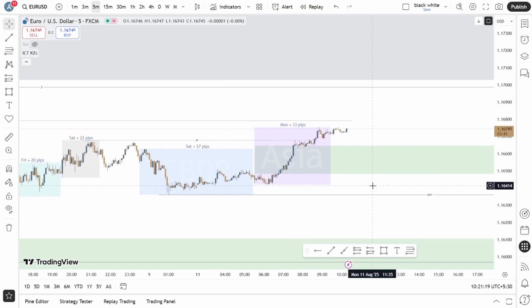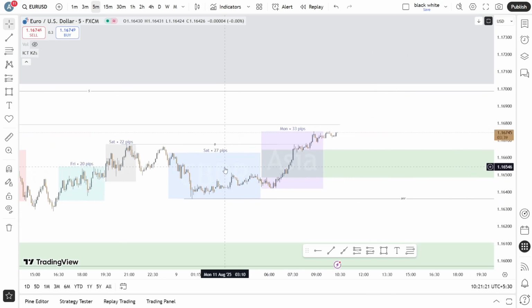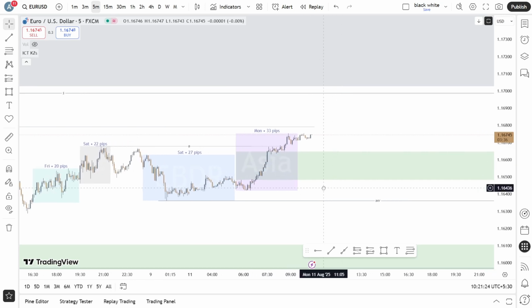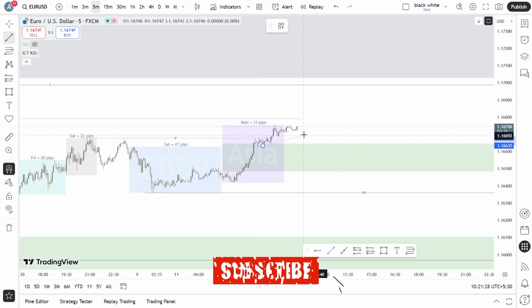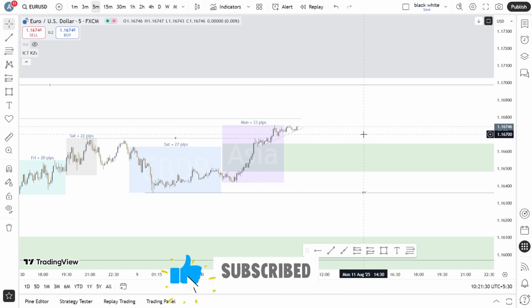So we see that there is no liquidity taken by the market so far, and we are building liquidity right here by mitigating everything in higher time frames.